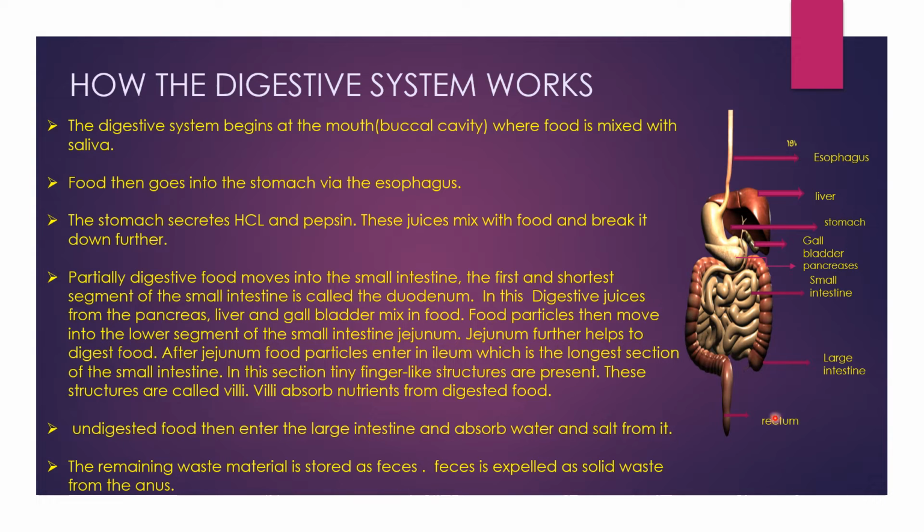Feces is expelled as solid waste from the anus. Feces will be stored in the rectum, and later come out from the anus. So this is how your digestive system works.